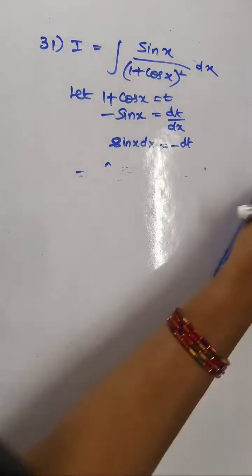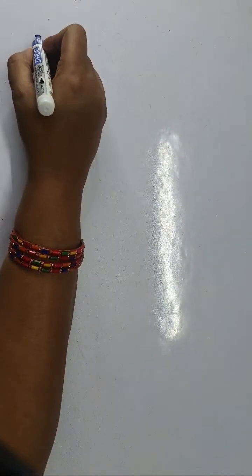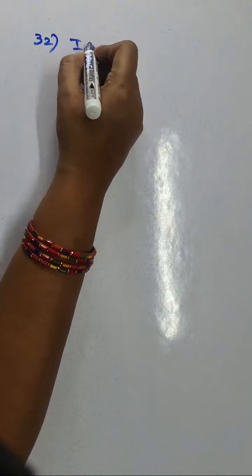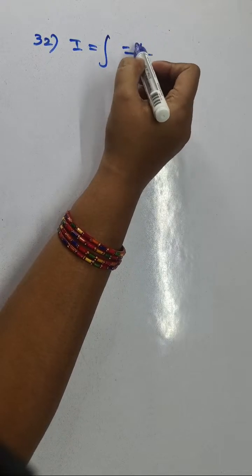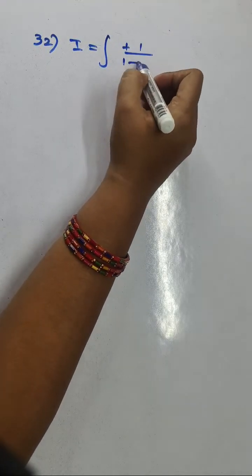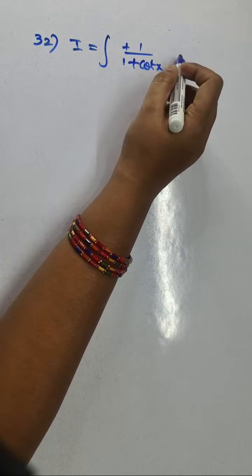Question number 32. I equals integral of 1 by 1 plus cot x.